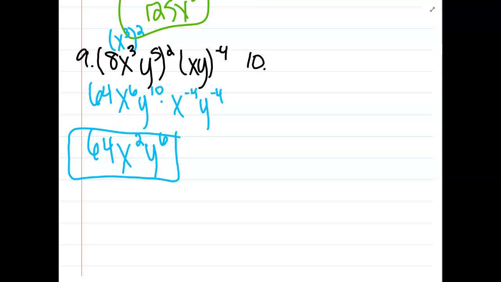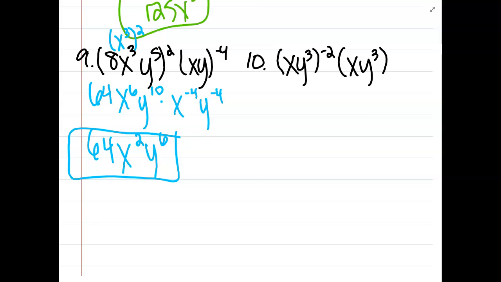Okay, number 10. In parentheses, xy cubed to the negative 2nd, and then in parentheses, xy cubed. Okay, once again, generally the first thing we're going to want to do is get rid of those parentheses.